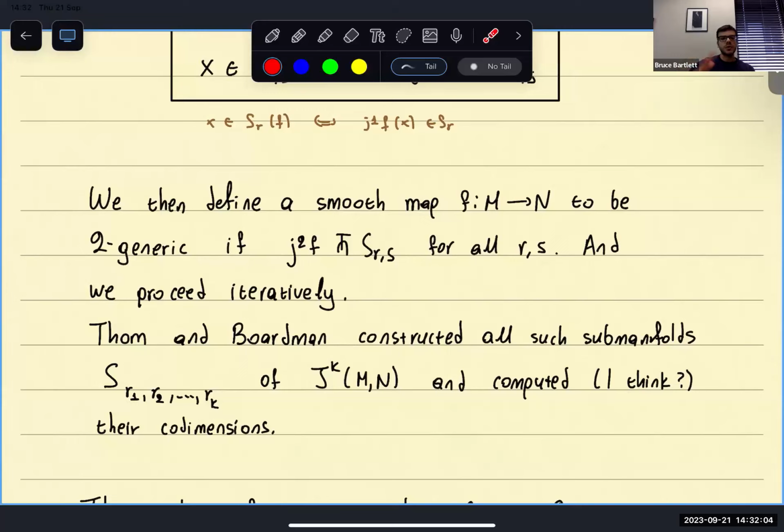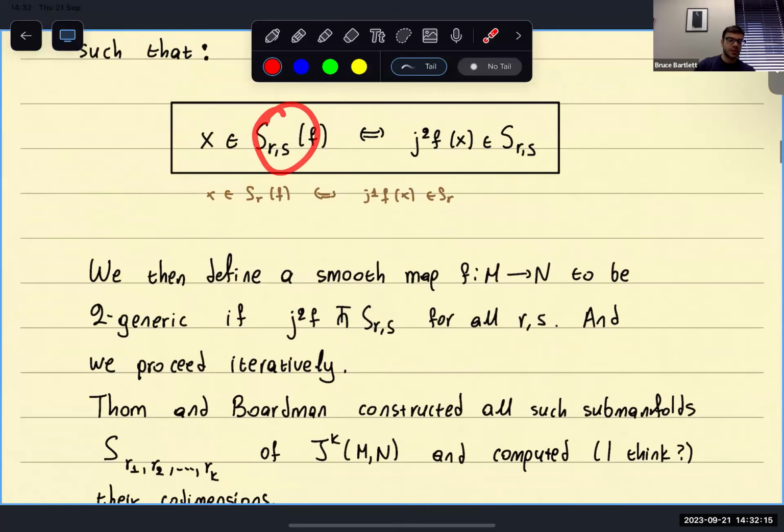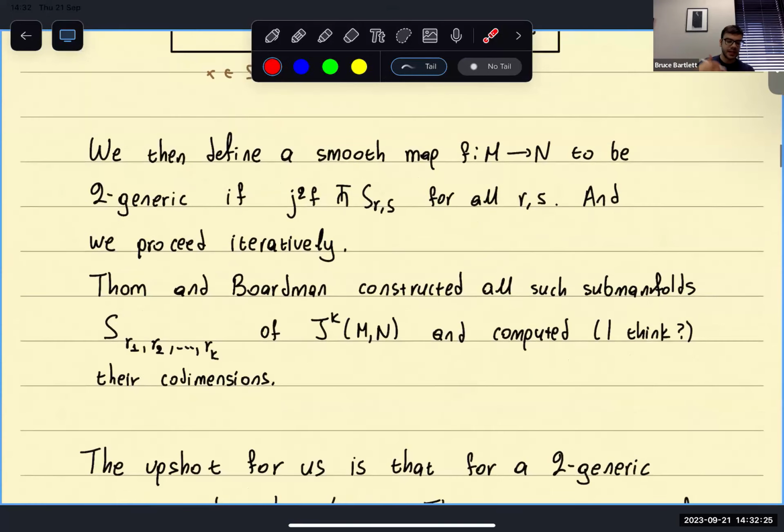So define a smooth map to be two-generic if the two-jet section of F intersects all of those things transversally. That would imply that all of these subsets are now submanifolds, so we can restrict along those and carry on this procedure. And you can do that iteratively, for any k.